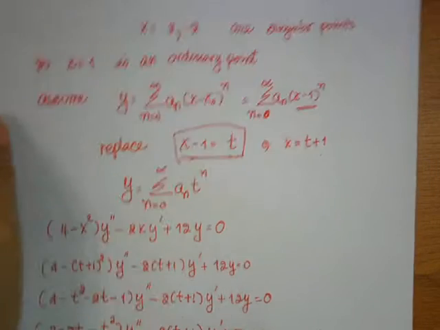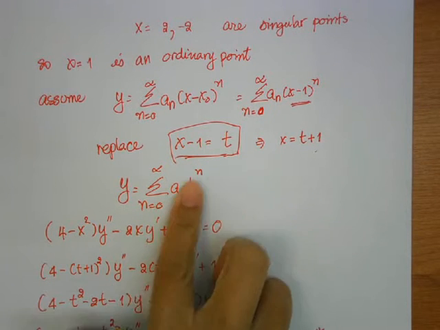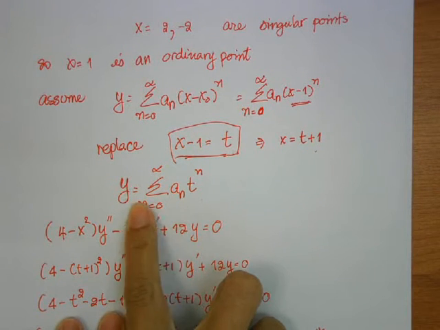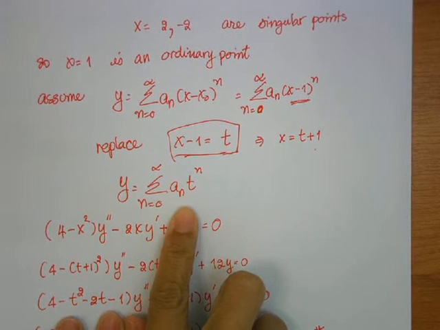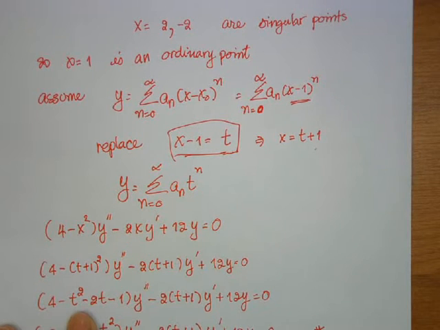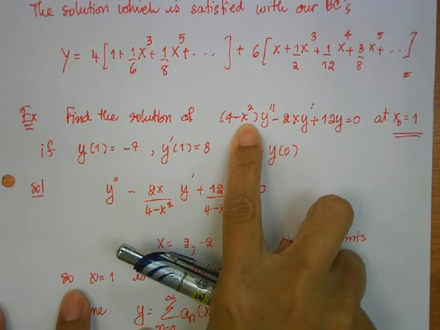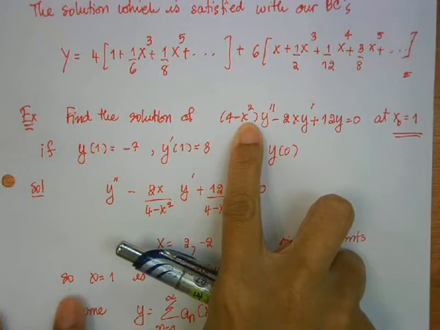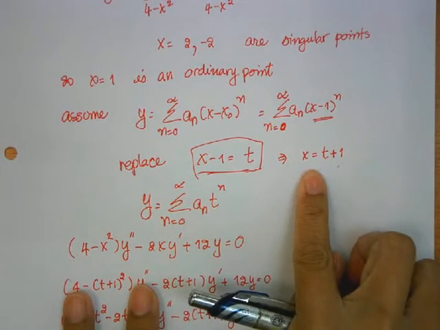So this is another assumption that I put there, and I would say that my answer is y equal to the summation from n equal to 0 to infinity of a_n times t to the power n. That means I'm changing x to t. Every term which has x inside our differential equation, I have to replace with t. So that's why I write down here that x is equal to t plus 1.